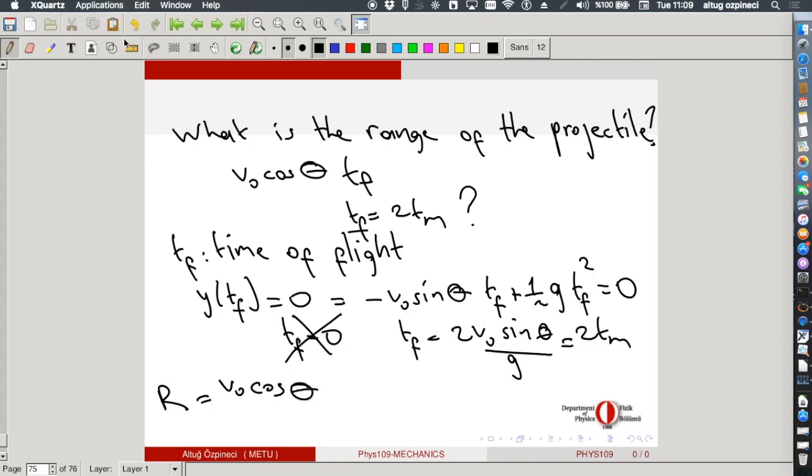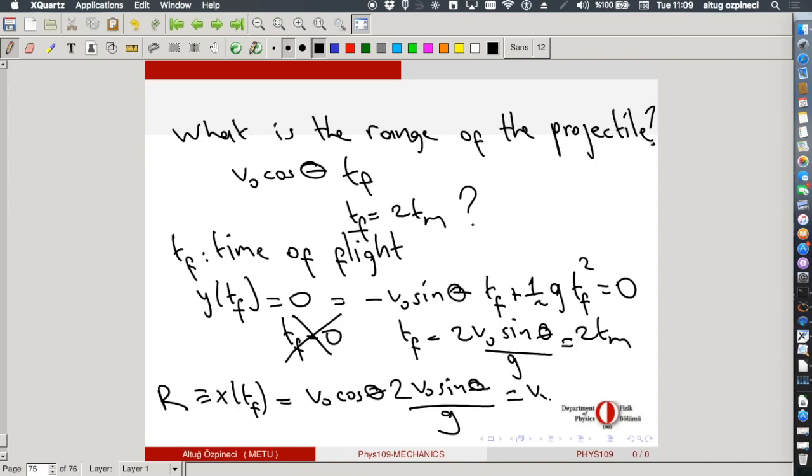Now, range, let's say, is nothing but x at Tf. It will be V0 cosine theta times twice V0 sine theta over G, and this will be V0 squared sine 2 theta divided by G. This is the range of my object.